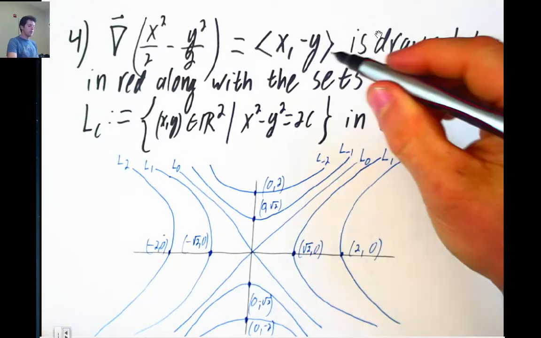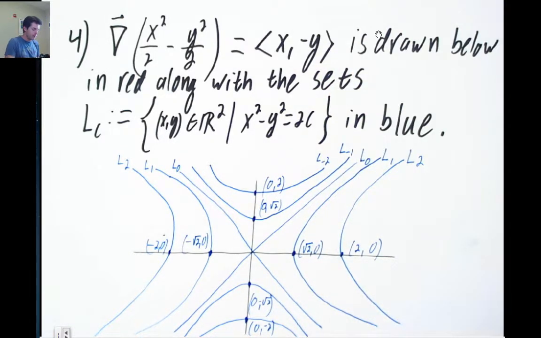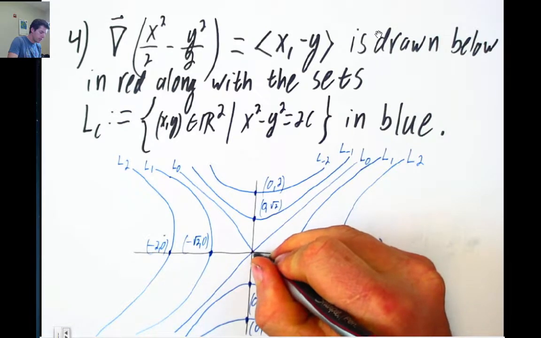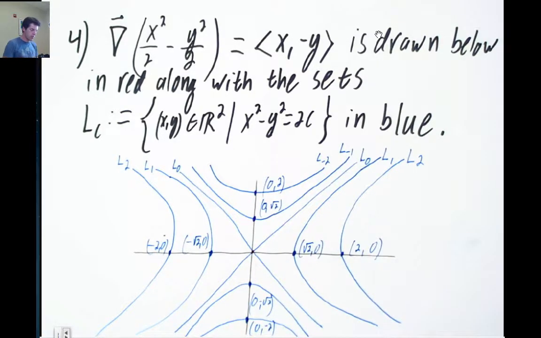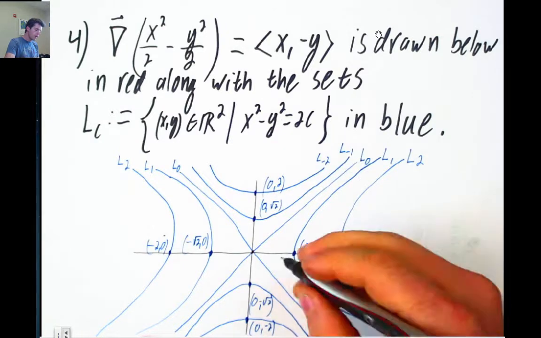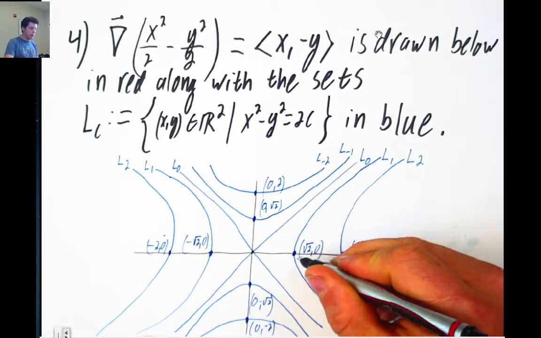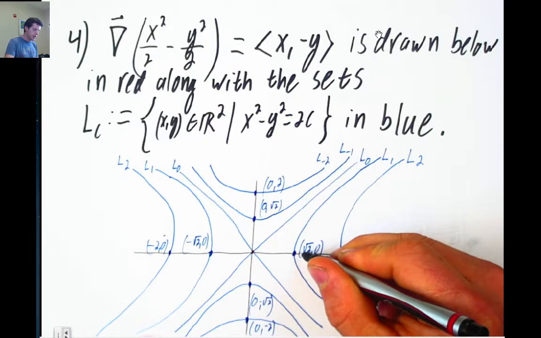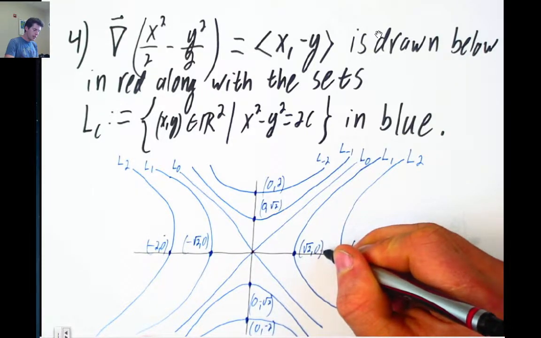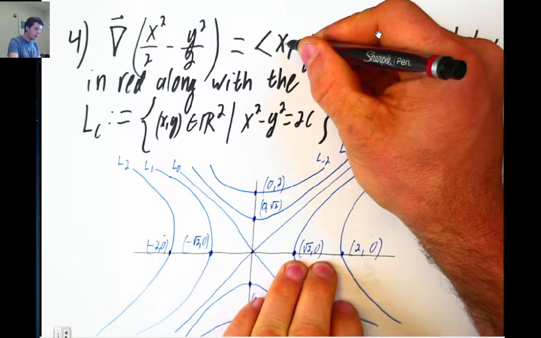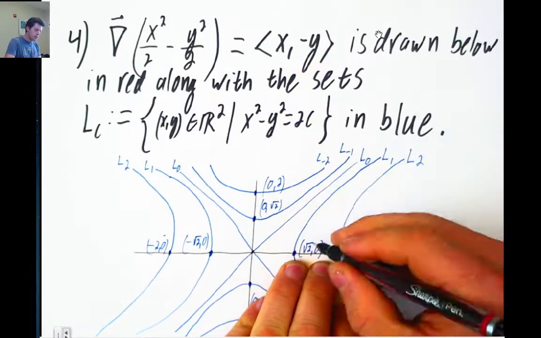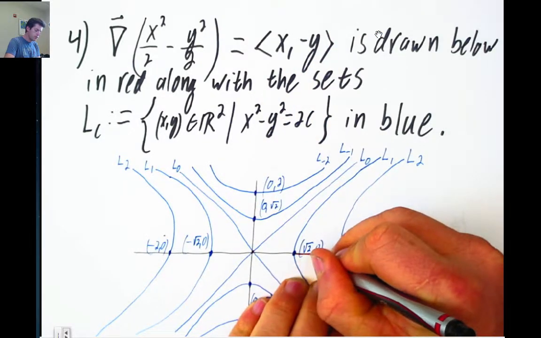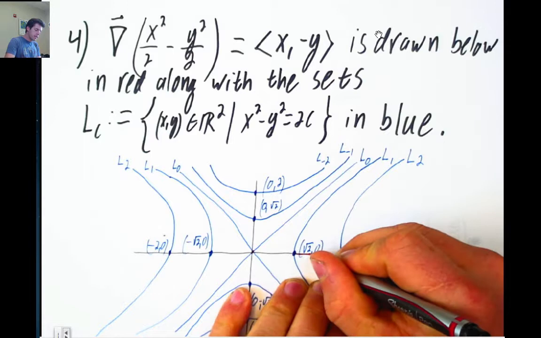Where would it be easy to evaluate x, negative y? At 0, 0. The gradient vector is 0 there. Fine. How about this point right here that's already drawn, square root of 2, 0? If I put square root of 2 in there and 0 in there, then I get the vector square root of 2, 0.